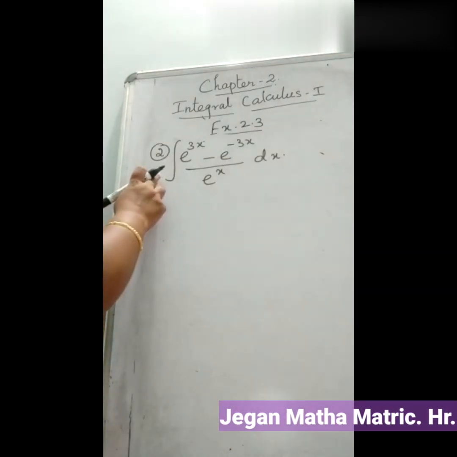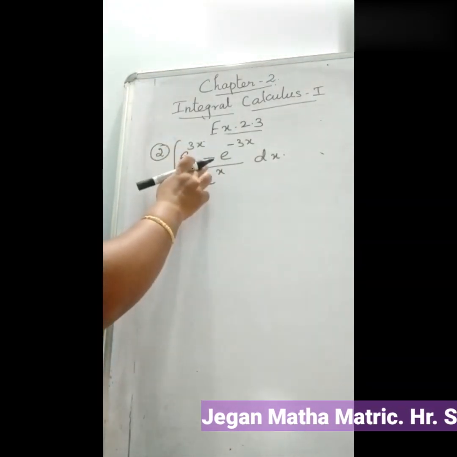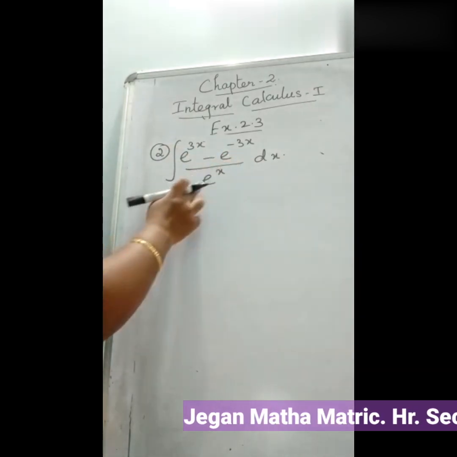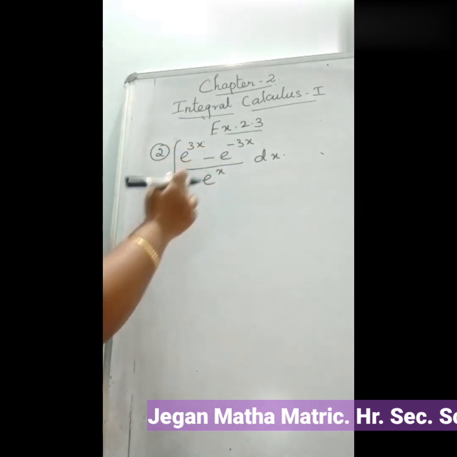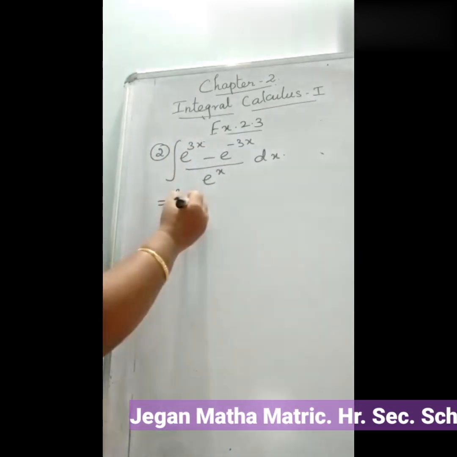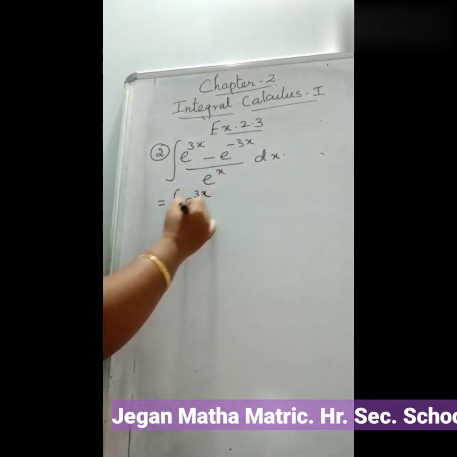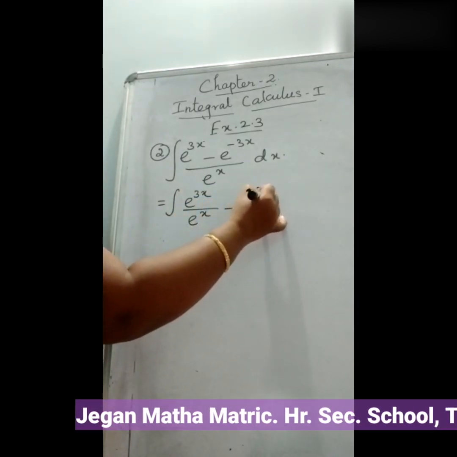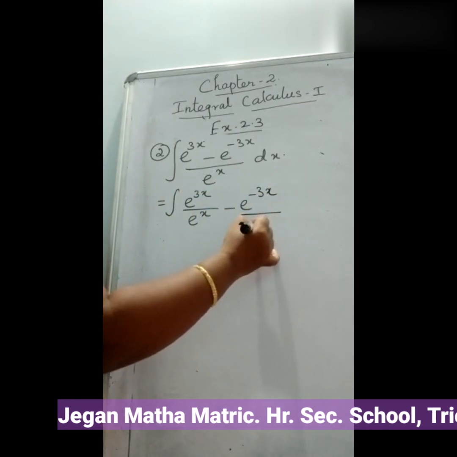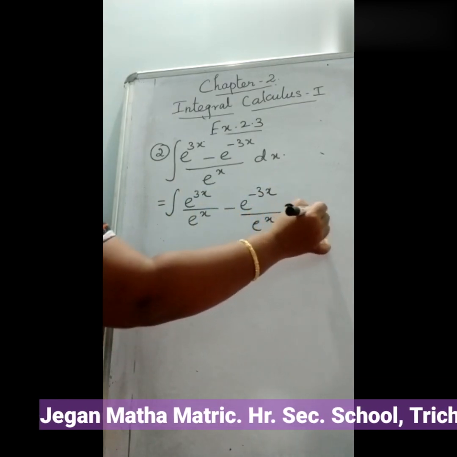Let us see the next sum, integral of e power 3x minus e power minus 3x divided by e power x into dx. We have to split into two terms: integral of e power 3x divided by e power x minus e power minus 3x divided by e power x into dx.